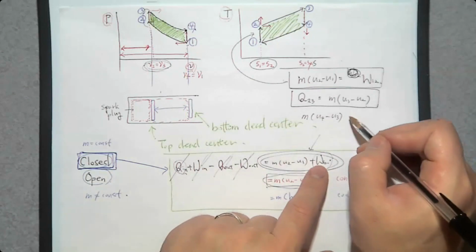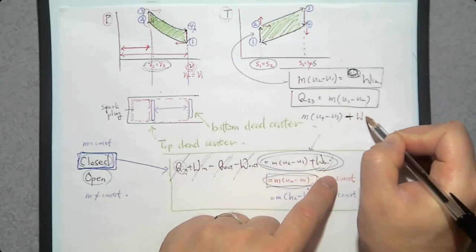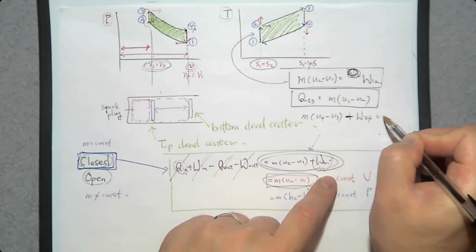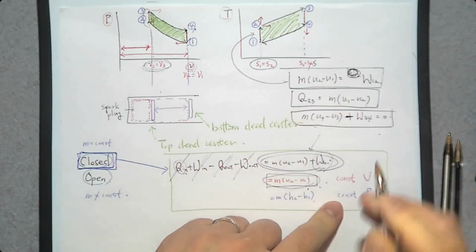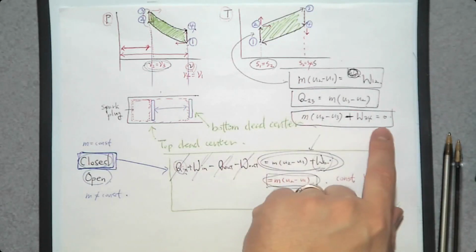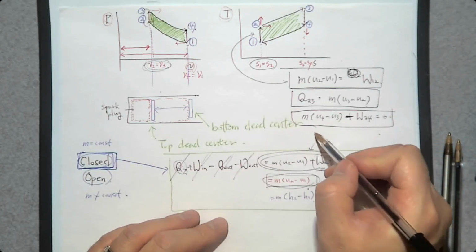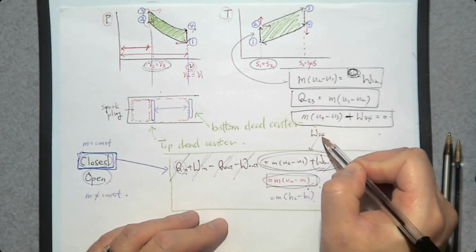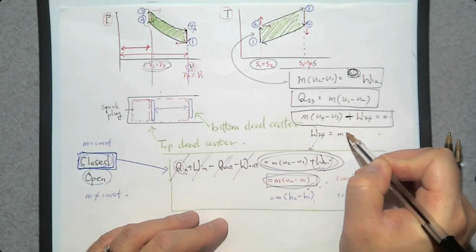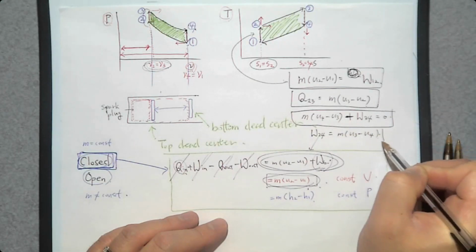It's going to be moving boundary work plus W3 to 4 is going to be 0. If you move this one to the other side, we can rewrite this as W3 to 4 is going to be mass times U3 minus U4.